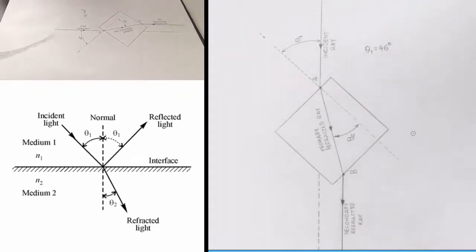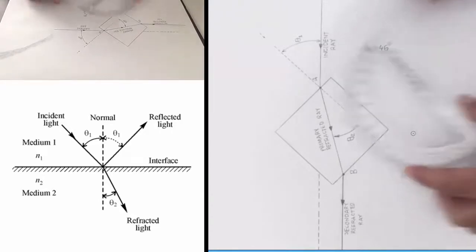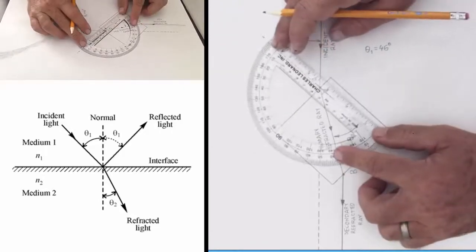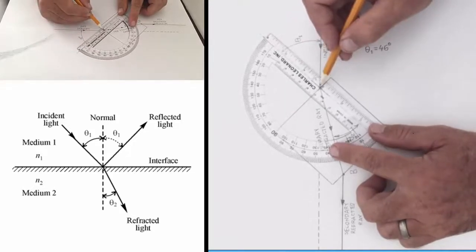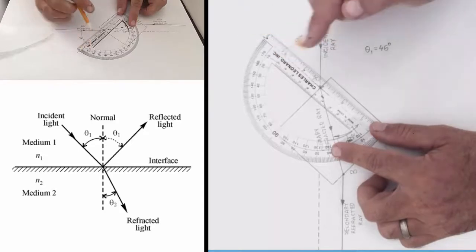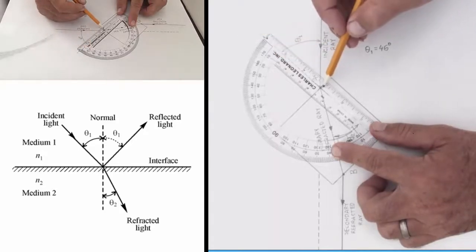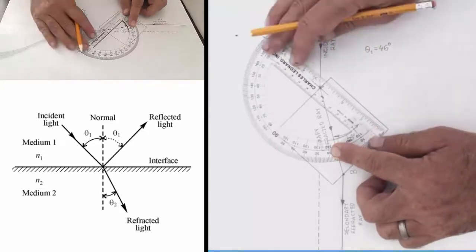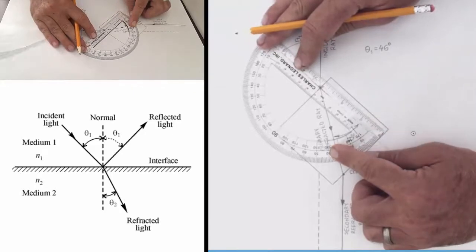We are now going to perform the measurement of the refracted angle theta 2. The same way, you position the 0 point on your protractor at the origin of the angle that you're trying to measure.